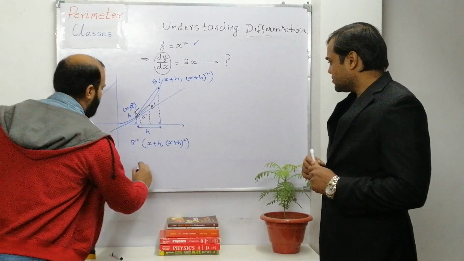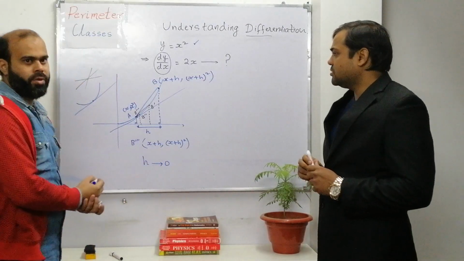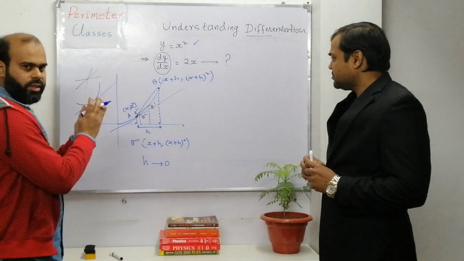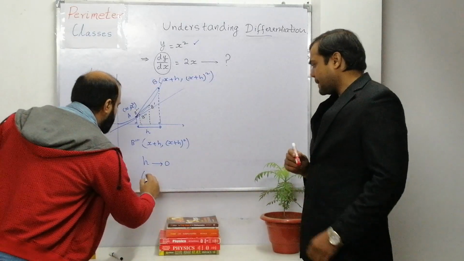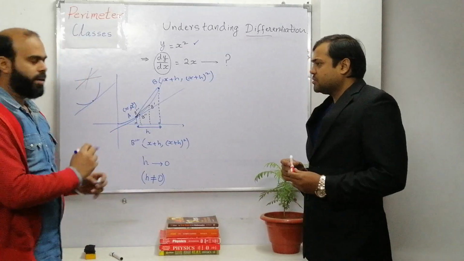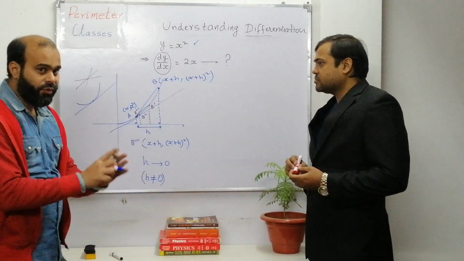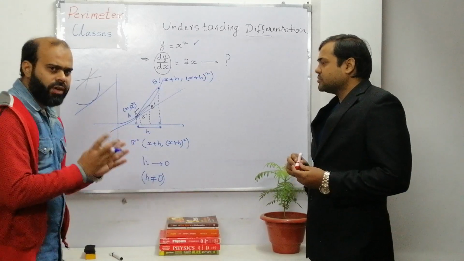So we can write it mathematically that h is tending towards 0. So if it is very small, then they are very close. It is to be understood that h is not equal to 0. That means A and B triple dash are not the same point. They are different points, but they are very close.